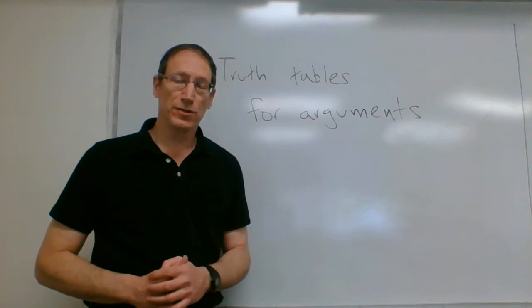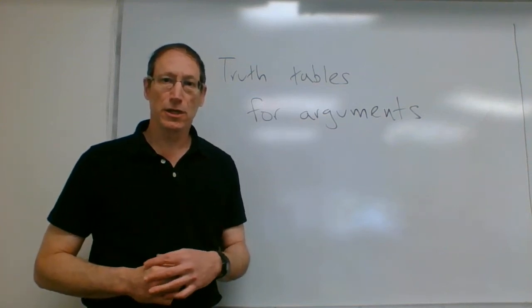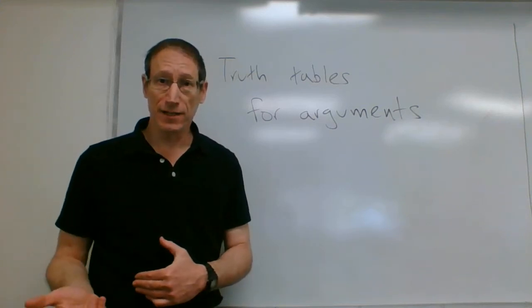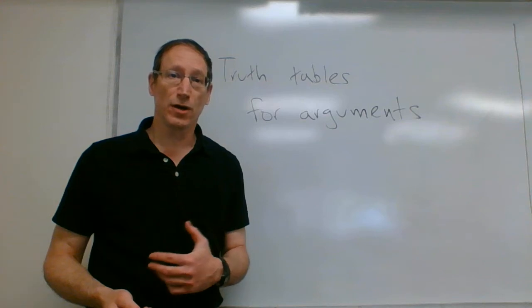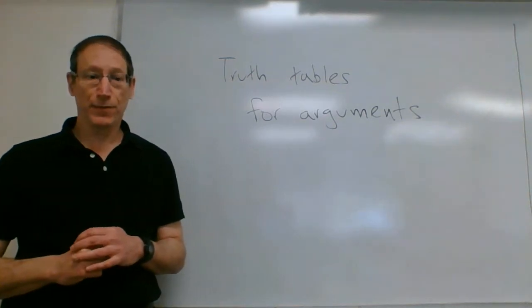So now that we've developed a symbolic language, we're going to be able to show that certain arguments are valid and certain arguments are invalid using the truth table method.